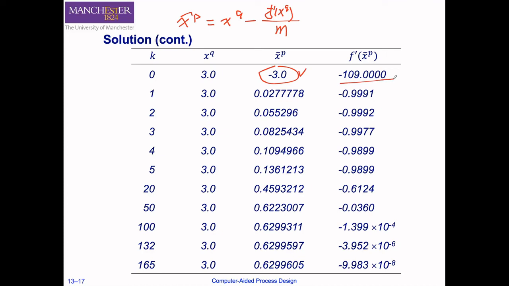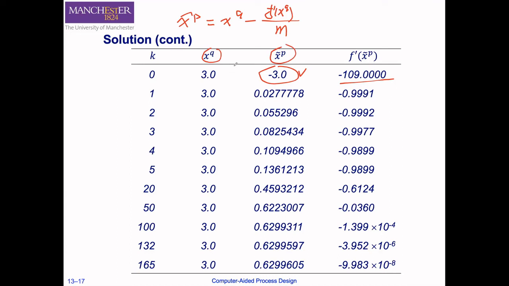This number is negative. We also know the first order derivatives at xq and also xp. We can see the first order derivatives at xq and x tilde p have opposite signs.